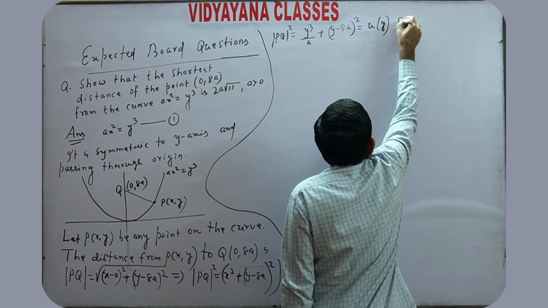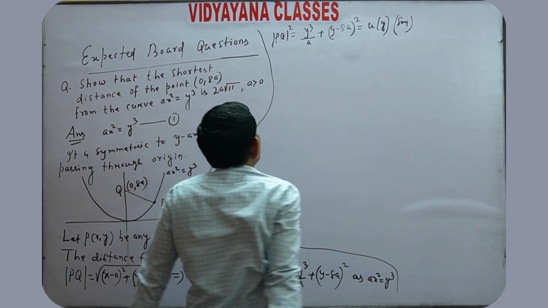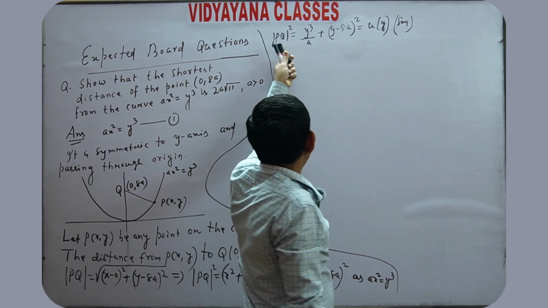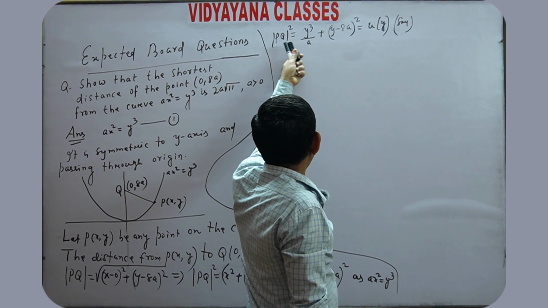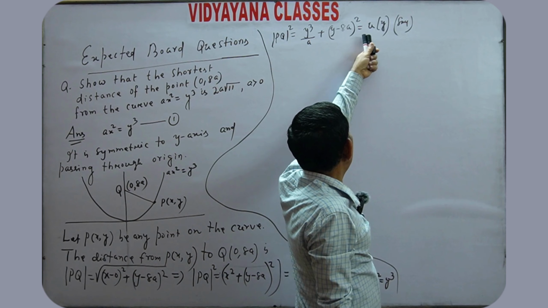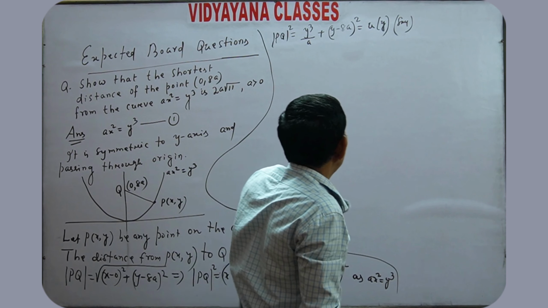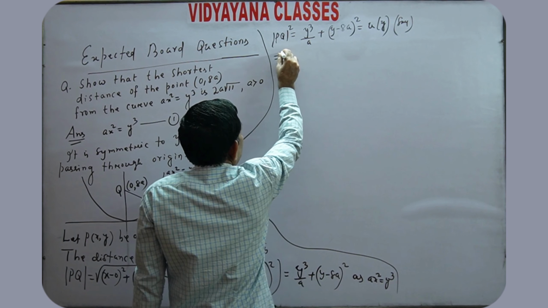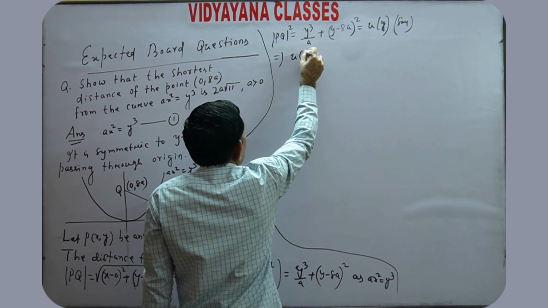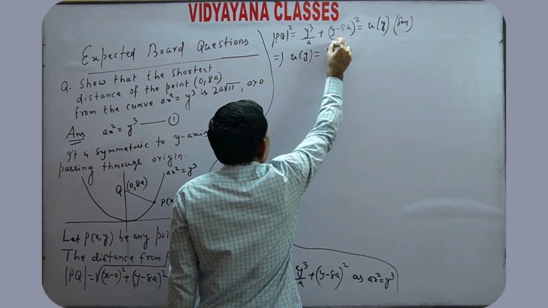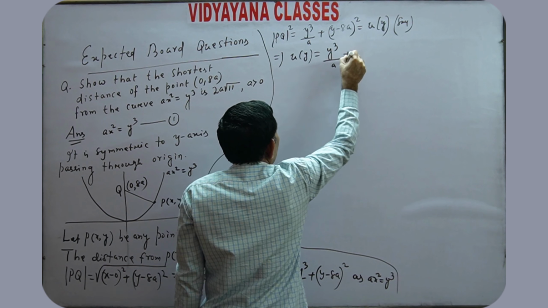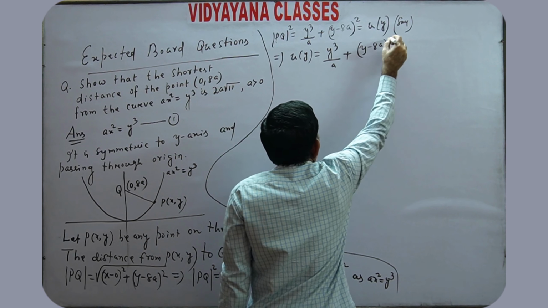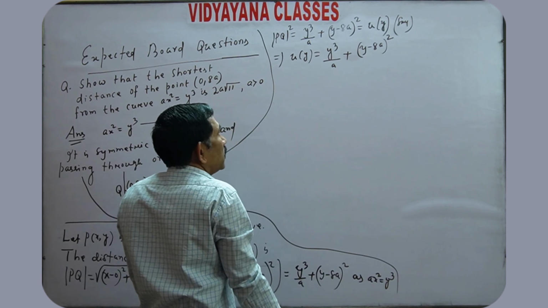Say |PQ|² is equal to u, where u is a function of y, which implies u(y) is equal to y³/a + (y − 8a)².